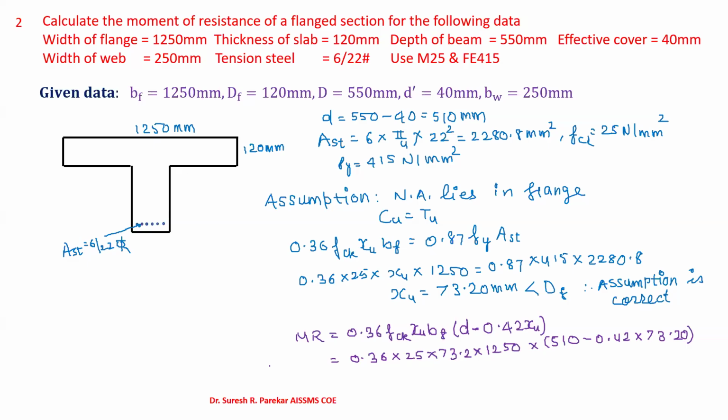And by using this, we are going to get a value of MR, 394.67 into 10 raised to 6 Newton millimeter. And therefore, value of MR is equal to 394.67 kilonewton meter. So this will be our second problem, which is related with your flange section.